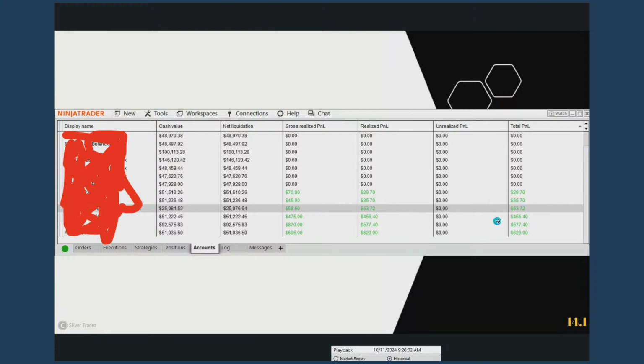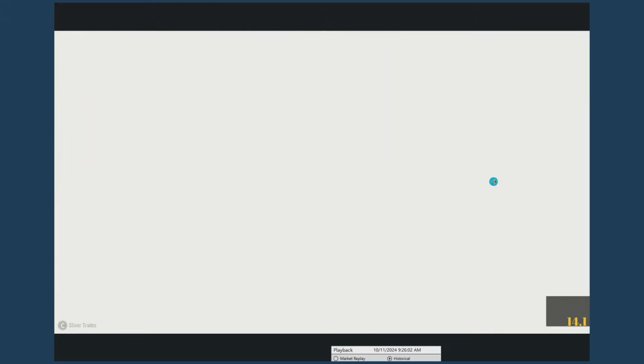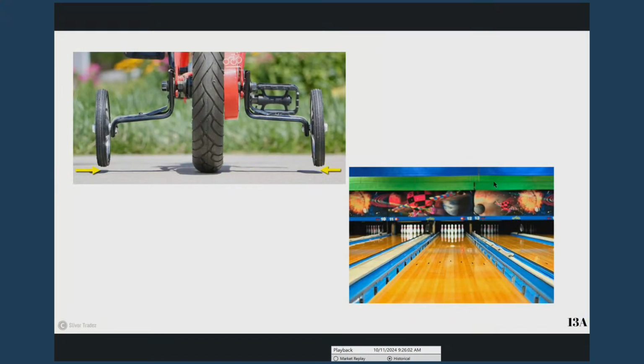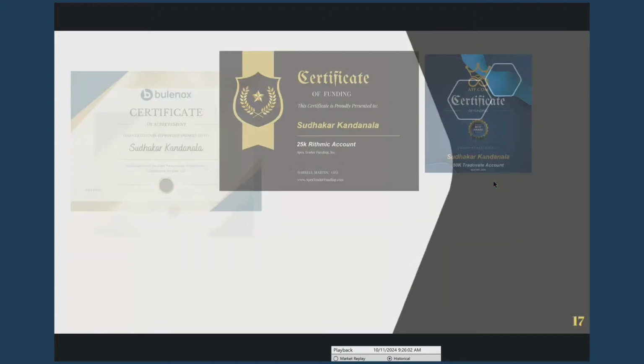So this is just an example of how you trade parallelly across multiple accounts. And this software helps you the same way as the training wheels or the guide rails in a bowling alley, especially when you are new to trading.